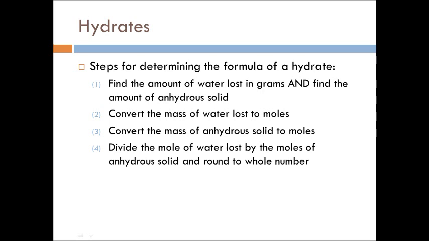Then you convert the mass of the solid to moles. Again, we're going back to moles because moles is our universal currency. And then we're going to divide the two of those by each other. It's going to be the moles of water divided by the moles of solid. Okay? And you get some sort of whole number here.